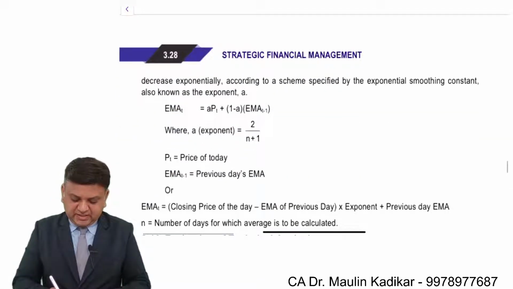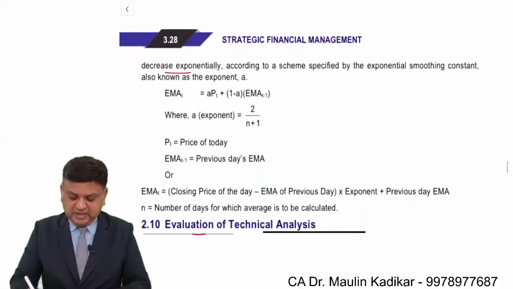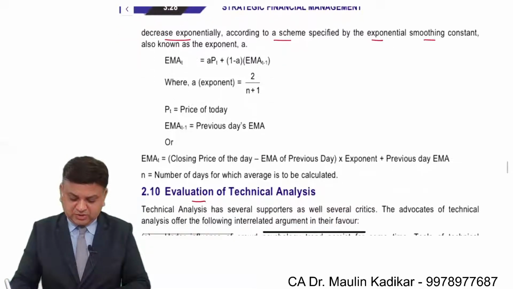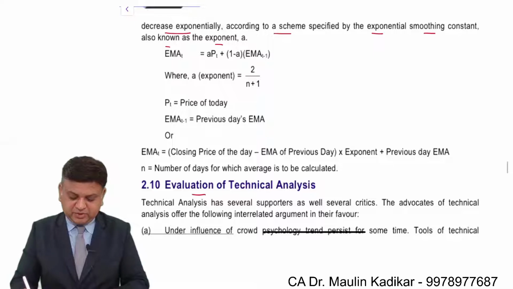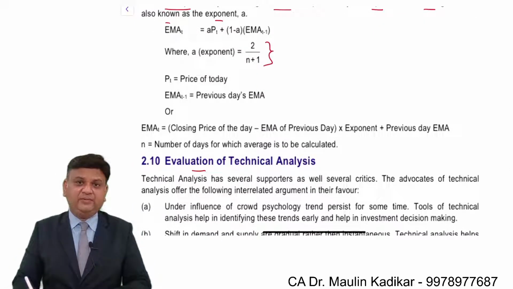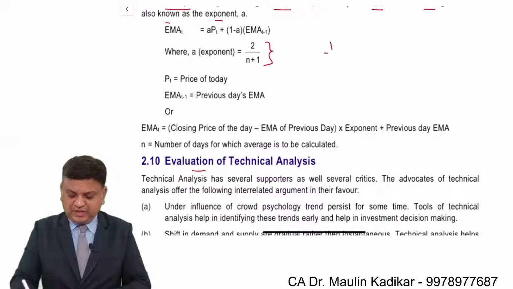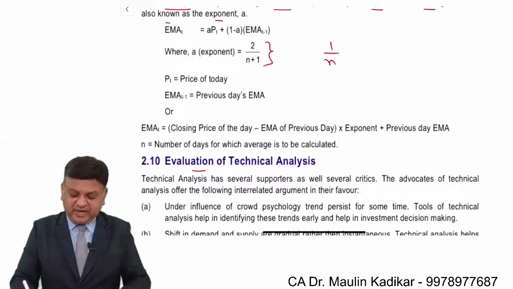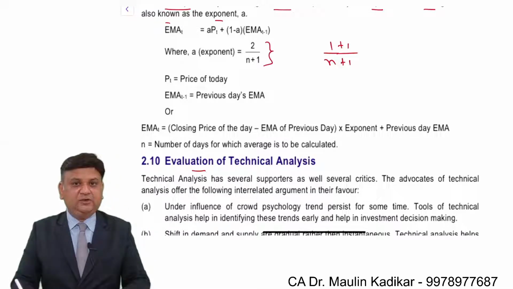The weights decrease exponentially according to a scheme specified by the exponential smoothing constant, also known as the exponent, where the exponent or multiplier is 2 divided by n plus 1. So usually it is 1 divided by n, but to give importance to the recent price, we add 1 to the numerator and 1 to the denominator.